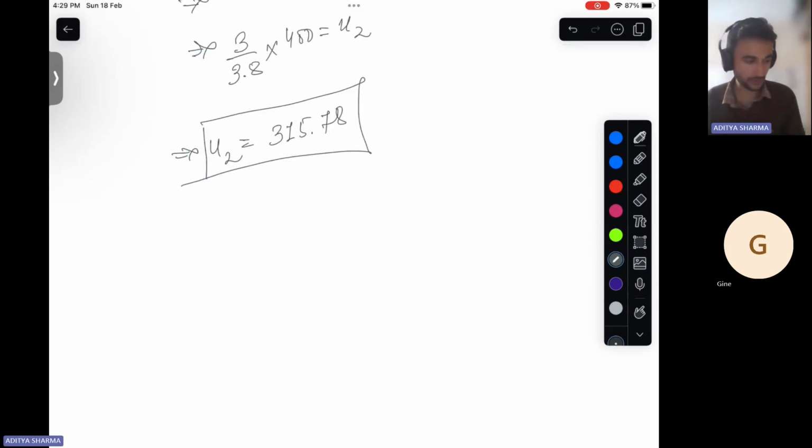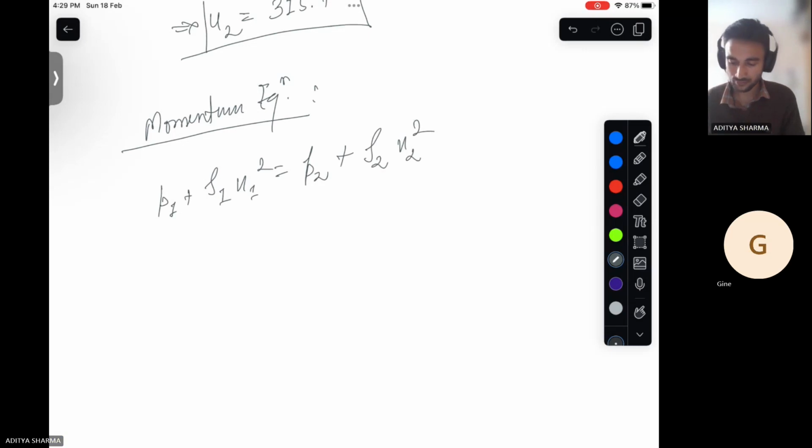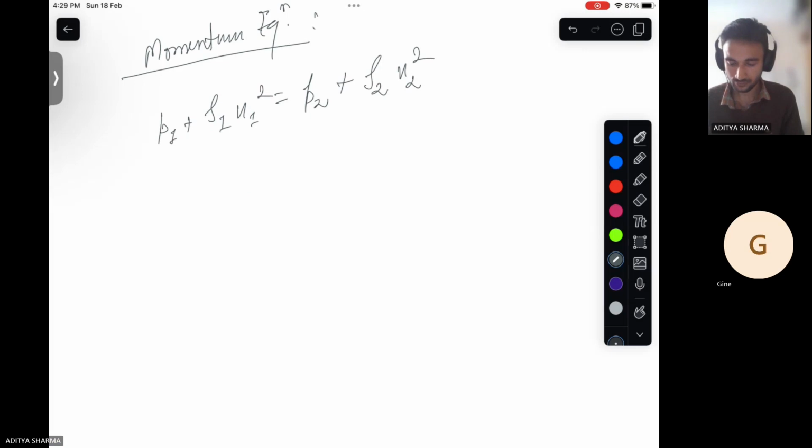But if you try to solve it using the momentum equation, P1 plus rho 1 u1 square equals P2 plus rho 2 u2 square, I'm just cross checking, because the answers from both should not vary.